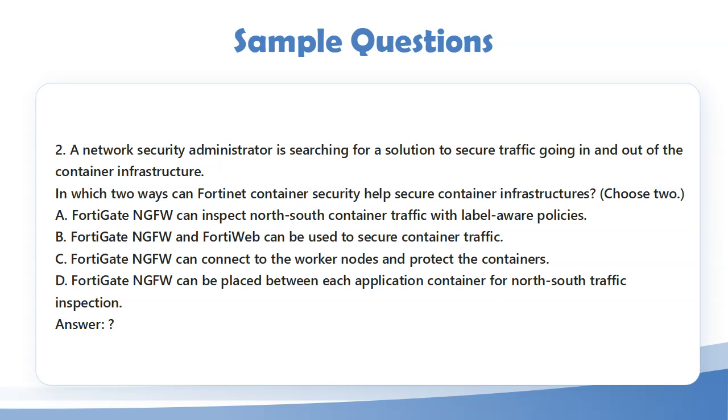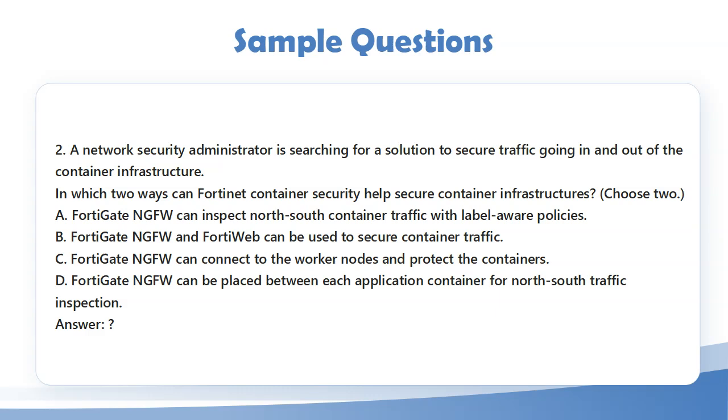2. A network security administrator is searching for a solution to secure traffic going in and out of the container infrastructure. In which two ways can Fortinet Container Security help secure container infrastructures? Choose 2. A. FortiGate NGFW can inspect north-south container traffic with label-aware policies.